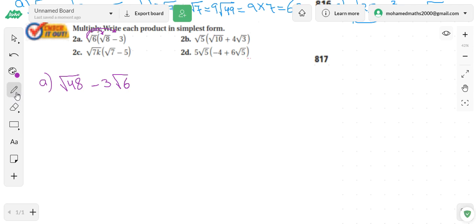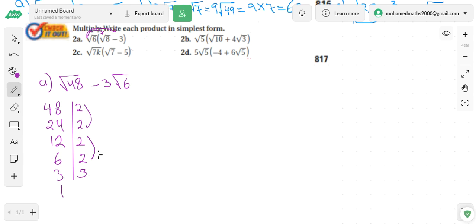Now we have to factorize 48. So divided by 2, it's 24, divided by 2, 12, 2, 6, 2, 3, 3, 1. 2 2s outside, and 2 2s also 1 outside, and 3 inside.